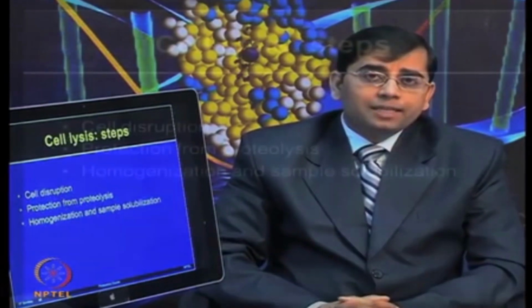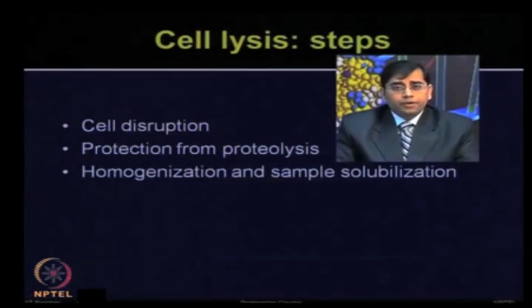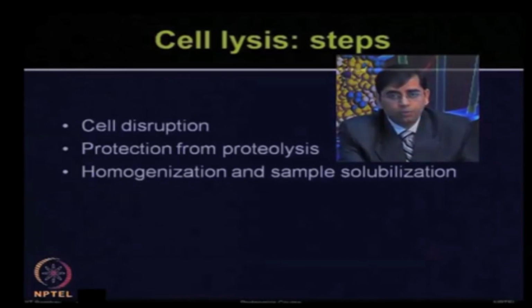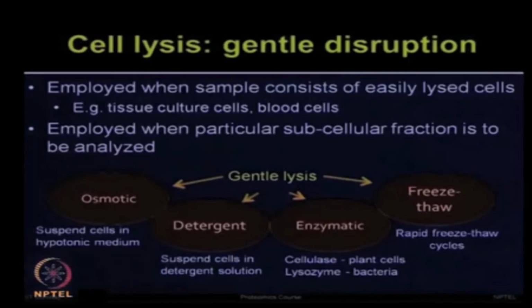Different steps are involved in cell lysis. You need to disrupt the cell, protect from proteolysis during the lysis step, and homogenize and solubilize your sample. I will describe all of this in more detail. So, cell lysis can be performed in a gentle way or in harsh conditions, depending upon the type of cells you want to disrupt.